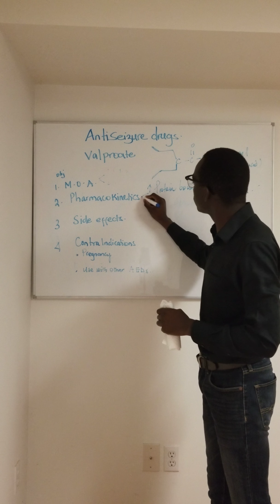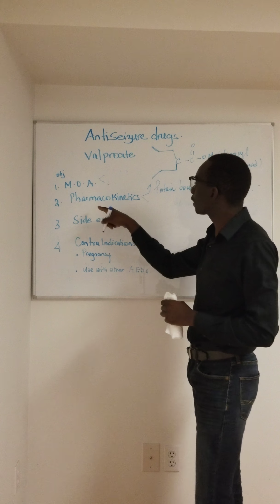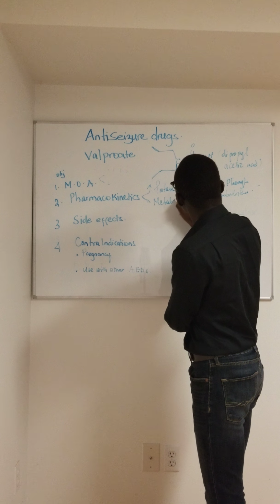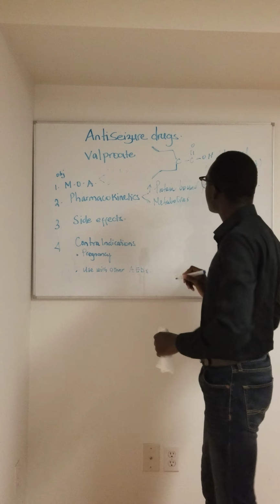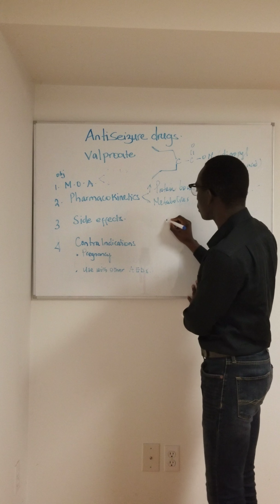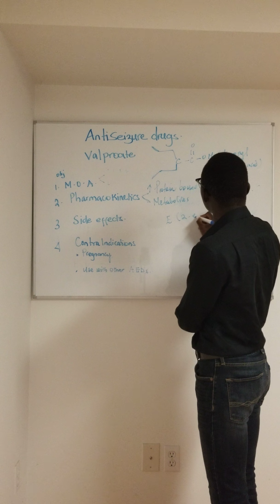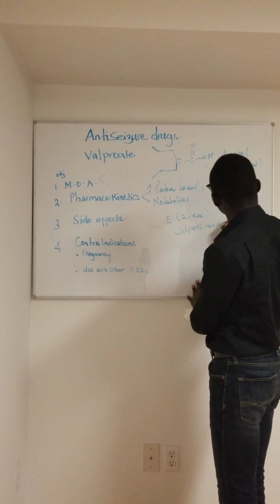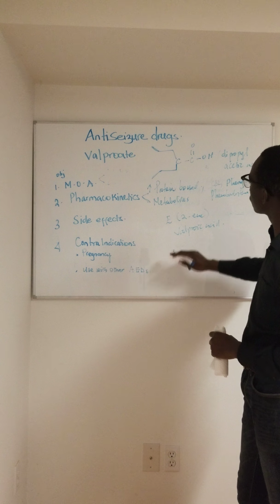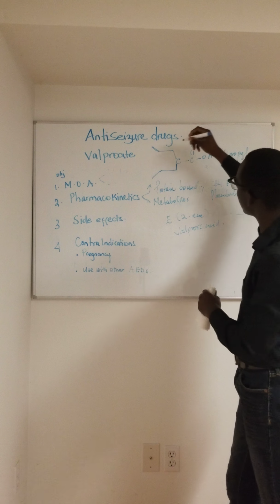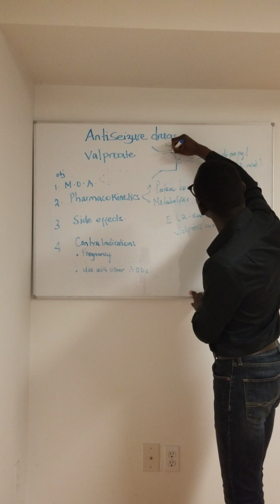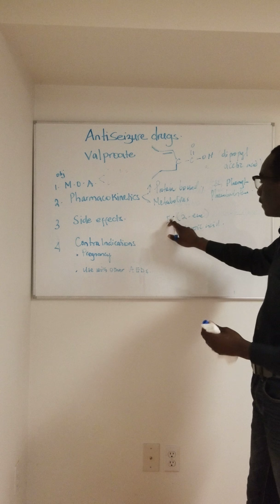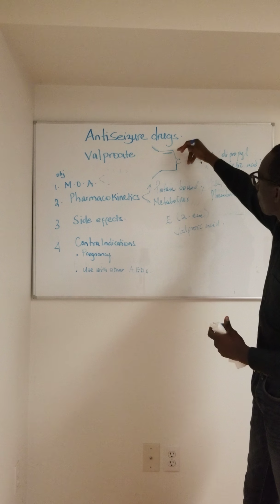Another important factor in the pharmacokinetics of this drug is its metabolites. It has a metabolite which is called E-2-ene valproic acid. This is the active metabolite of this drug, with the double bond as a trans, or E isomer.